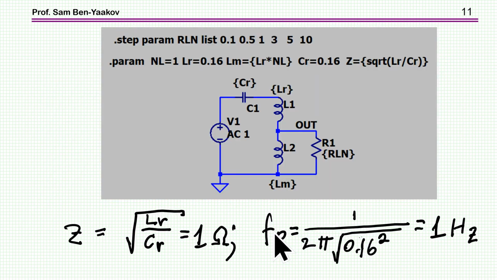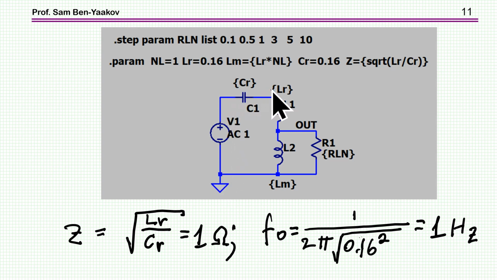I can run simulation to generate such a plot, and this will be done by choosing C sub r and L sub r of the same value, so Z is equal to 1. This is the ratio between them. And also choosing C sub r times L sub r through the frequency equation to be 1 hertz. So I'm going to have a resonant frequency of 1 hertz.